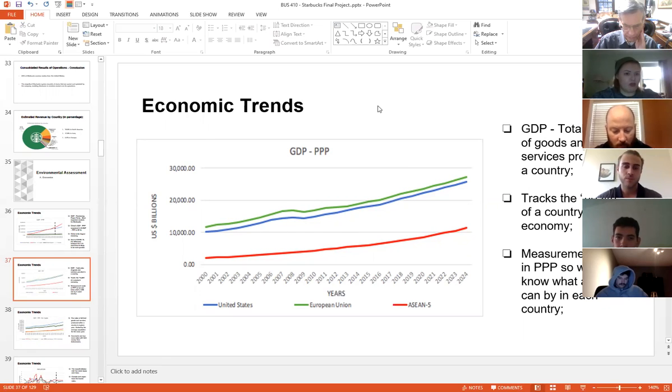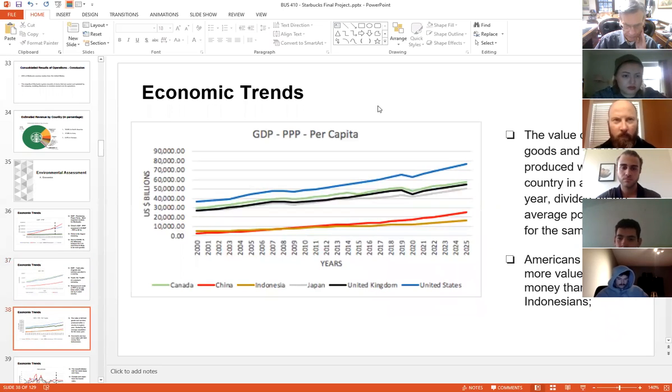Good slide. ASEAN, and so we see these Southeast Asian nations, and they're getting to be a big deal. Here I have the gross domestic product purchasing power parity per capita, just to show that currently the Americans can buy more value with their money than Indonesians, but this scenario is very likely to change.